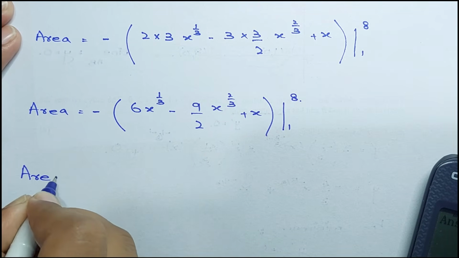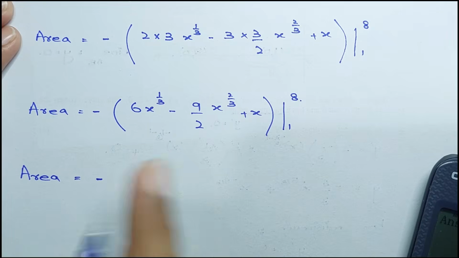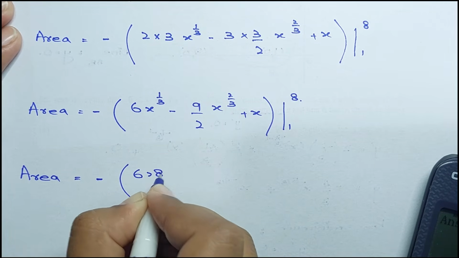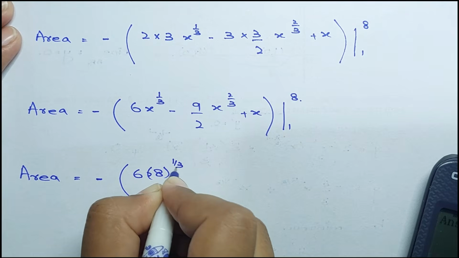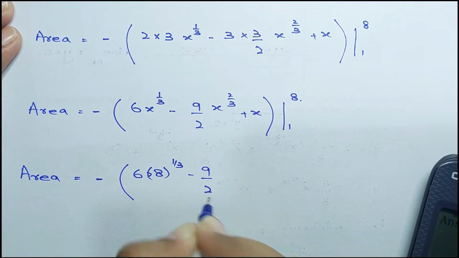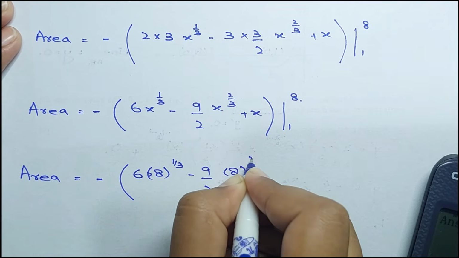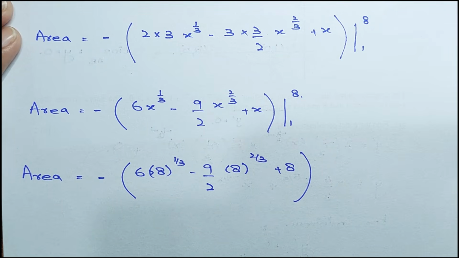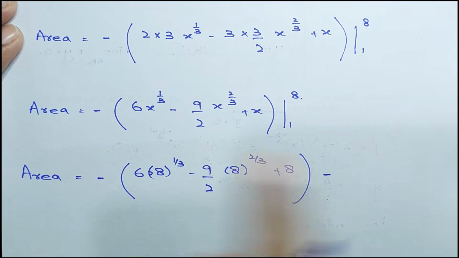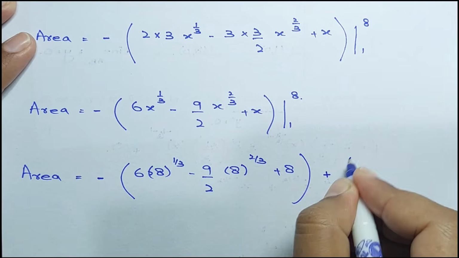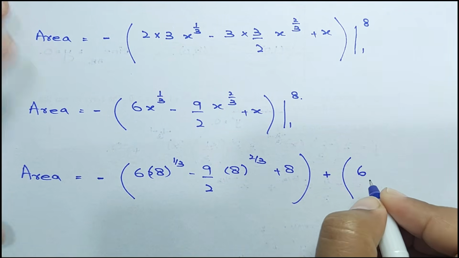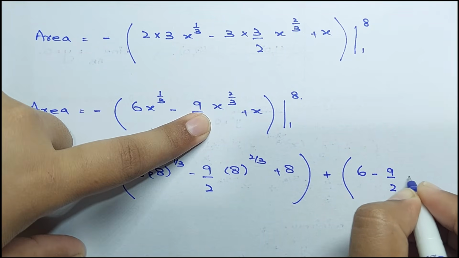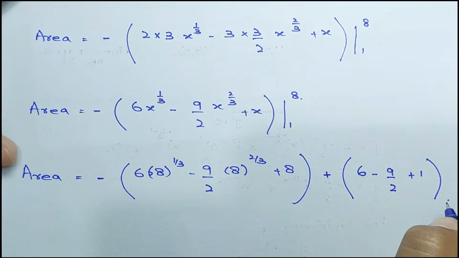So area is negative; the upper limit is 8, I'm plugging in over here: 6 times 8 power 1 by 3, minus 9 by 2 times 8 power 2 by 3, plus 8, minus the lower limit. This minus and this minus becomes plus: 6, 1 power anything is 1, minus 9 by 2, 1 power anything is 1, plus 1. This is my lower limit.